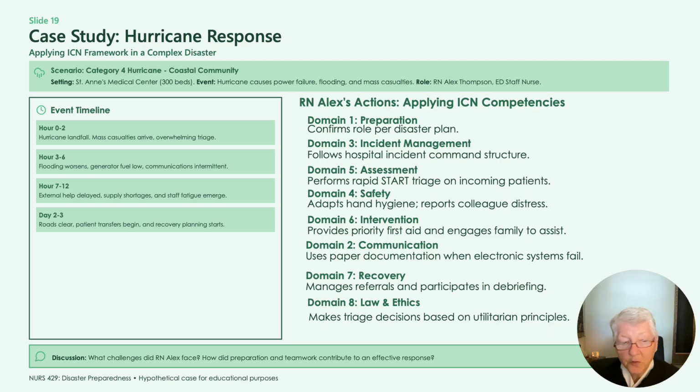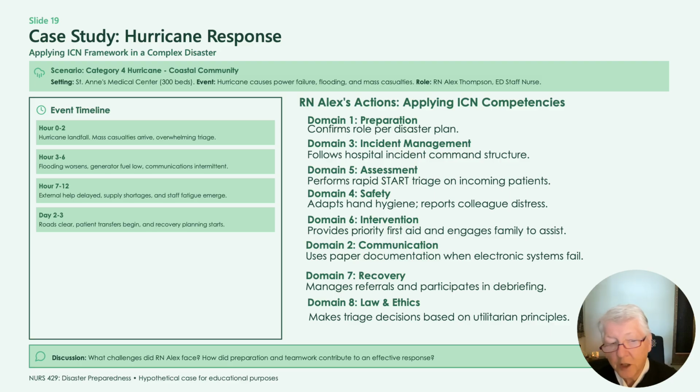The fuel for the generator is low, and your communication system is intermittent, which means your computers are going down, the phones are not working, the cell towers may be down. In hours 7 to 12, you expect help, but the help hasn't arrived. You're starting to have supply shortages, and the staff are getting tired.